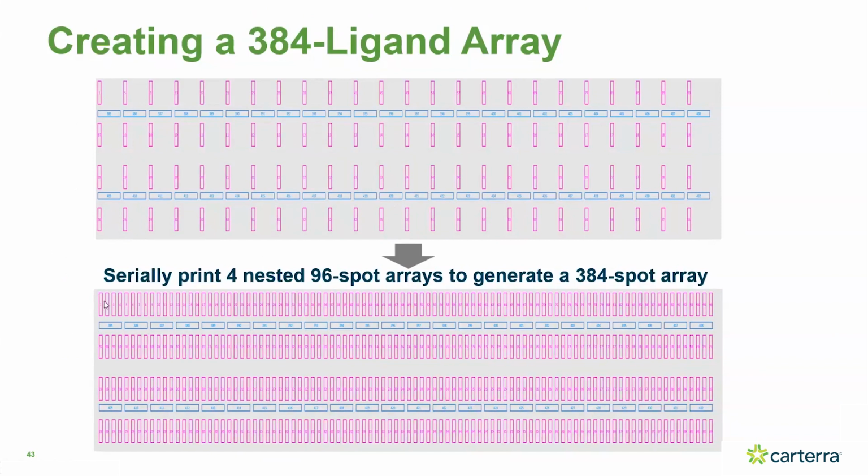If you do 4 nested prints, you end up with the array schematic that's below, where we have these 4 rows of 96, and then there are the 48 interspot references. Each reference, there's 4 above and 4 below, so those are the ones that are used by default by the software.